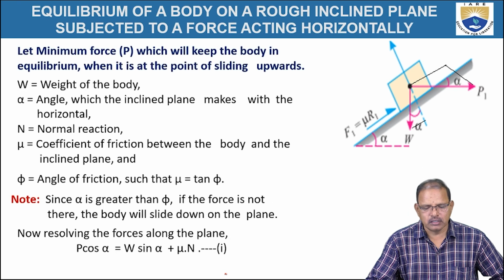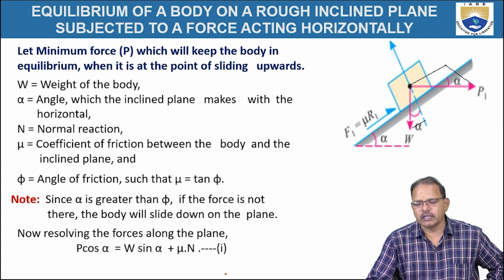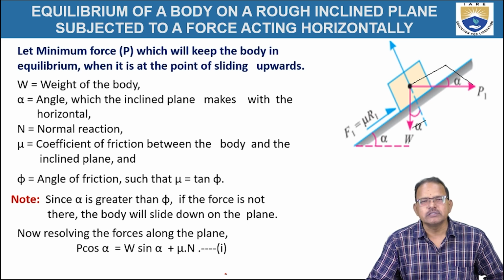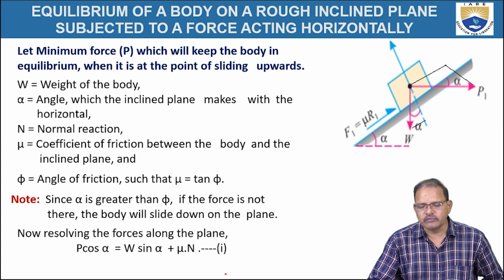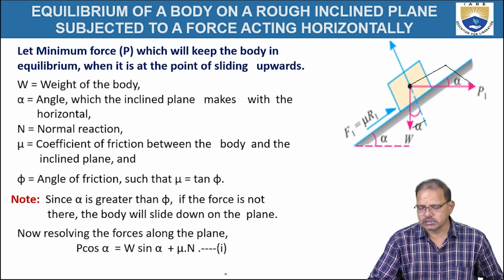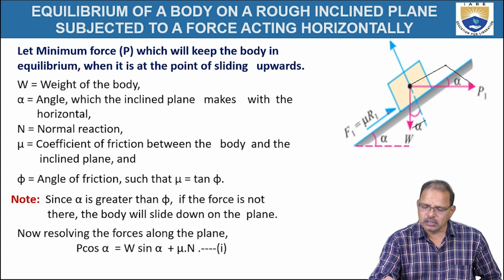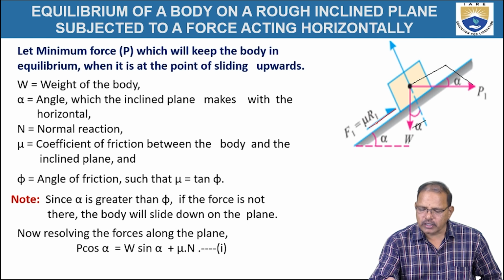Similarly, equilibrium of a body on a rough inclined plane subject to a force acting horizontally. In the previous case, we took the force P applied to prevent motion in the downward direction. Here we take P as the minimum force that will keep the body in equilibrium when it is at the point of sliding upward. That is, the friction force is acting downward and P is acting upward.